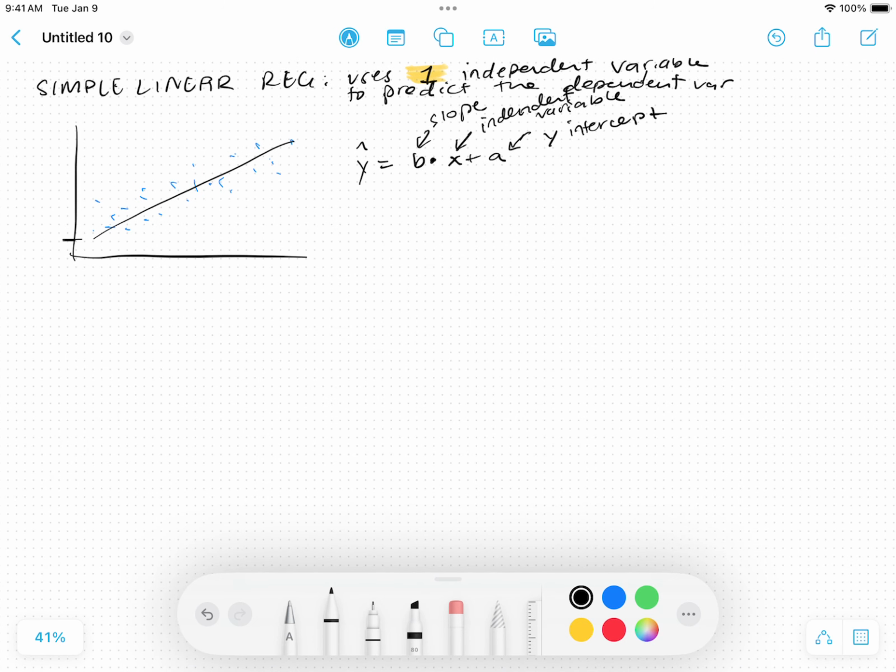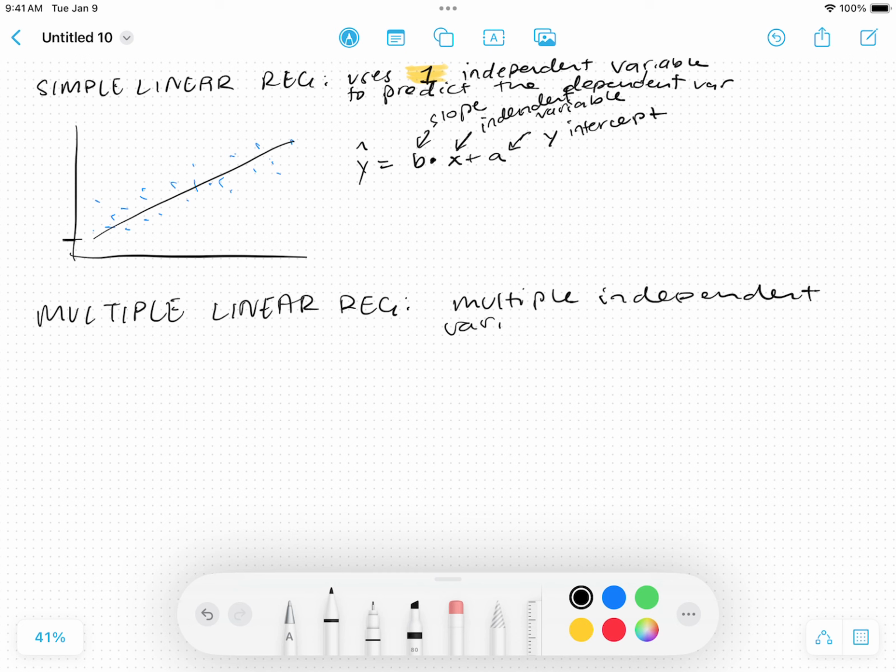So what about the multiple regression? This basically uses multiple independent variables to predict our dependent variable.